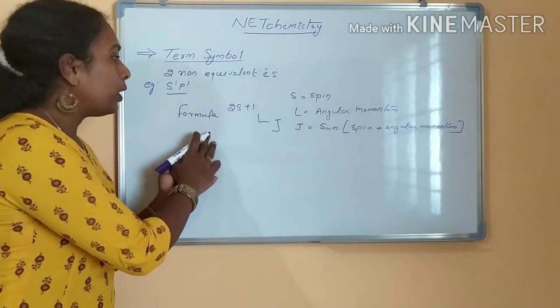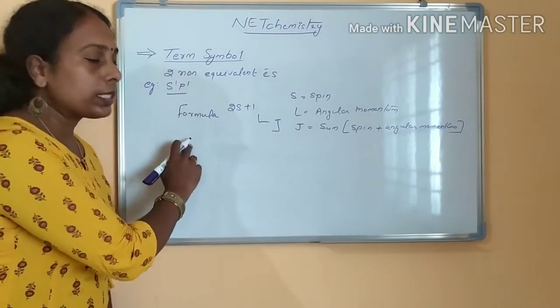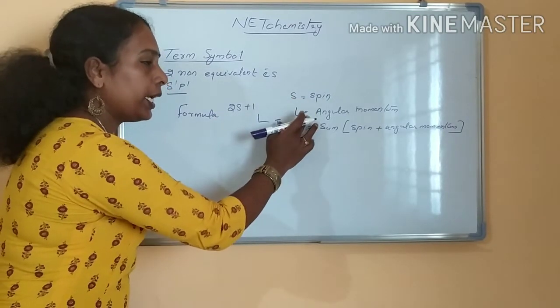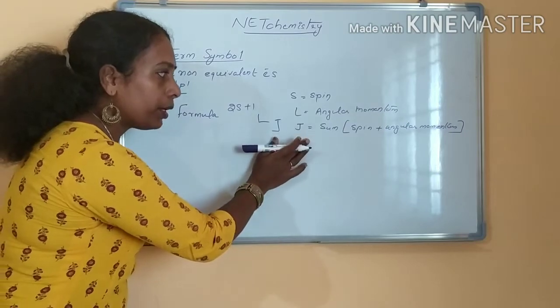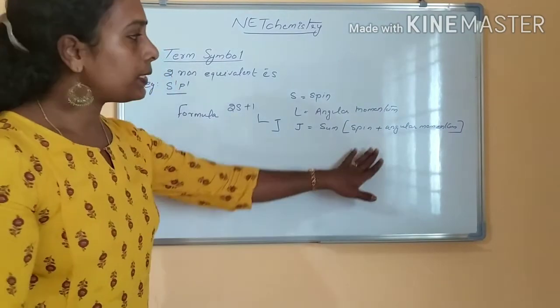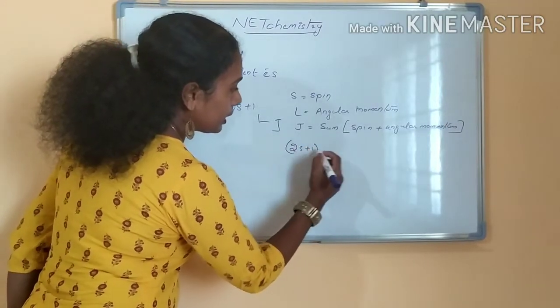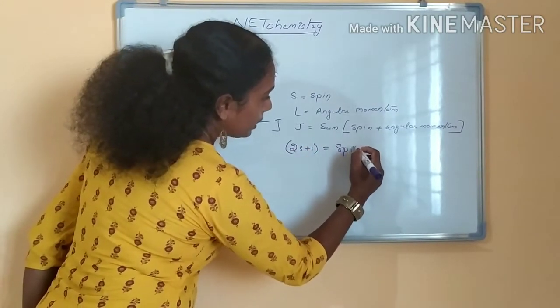So the formula to calculate the two non-equivalent electrons term symbol is 2S+1 L J. S is the spin, L is the angular momentum quantum number and J is the sum of spin plus angular momentum. So 2S+1 we will call as spin multiplicity.